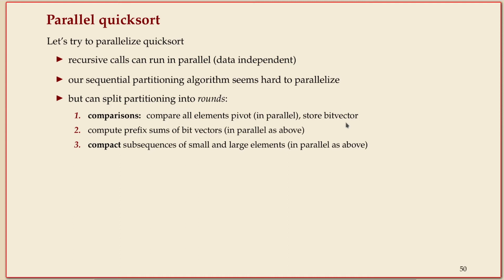And we store the results in a convenient form. And then what's left is compacting the subproblem we've just solved. If you store in a bit vector a 1 for all the elements that are smaller than the pivot, and you take those out and compact them, that's your left subarray that you want to recurse on. Okay? And that's how this fits into the puzzle.